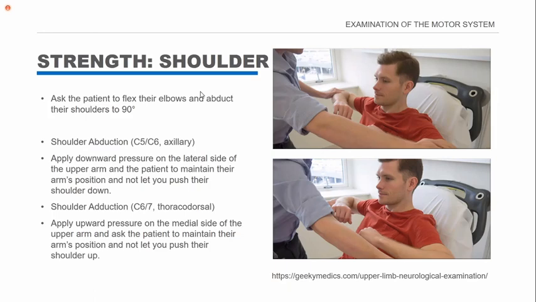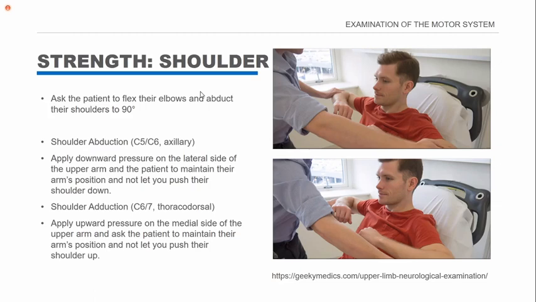You place your hands around their elbows and apply downward pressure on the arm and ask the patient to maintain their posture and not let you push their shoulder down. If the patient is able to maintain this pressure, power is normal.